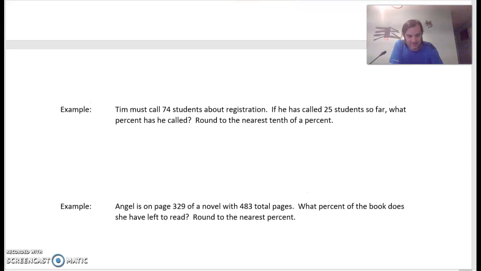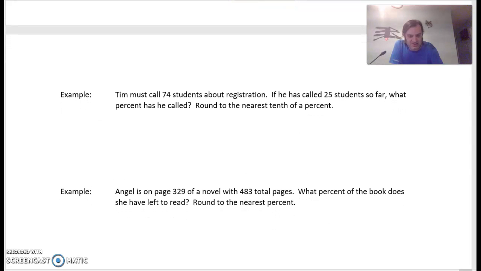Let's see here. We've got some word problems. Tim must call 74 students about registration. If he has called 25 students so far, what percent has he called? You may have various approaches to this, but think about it in the context here of part and whole.